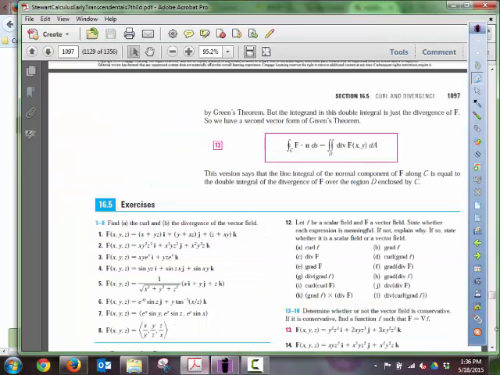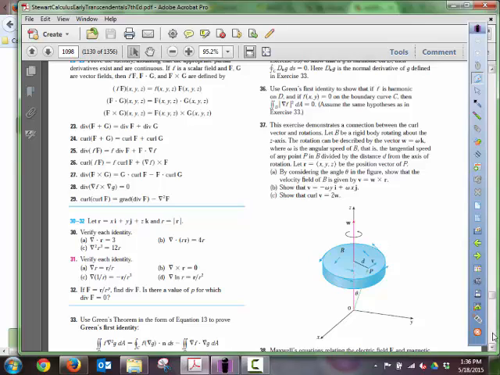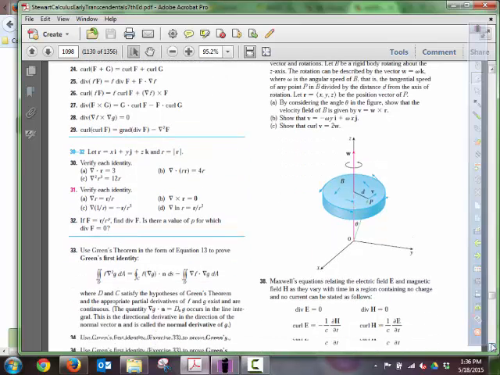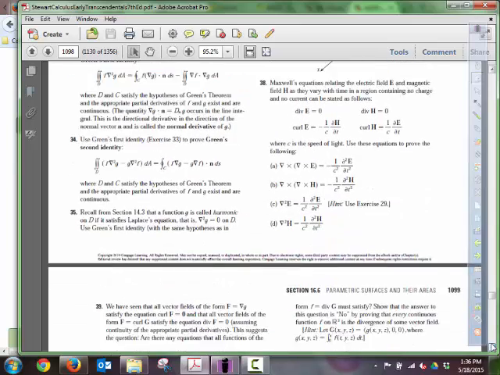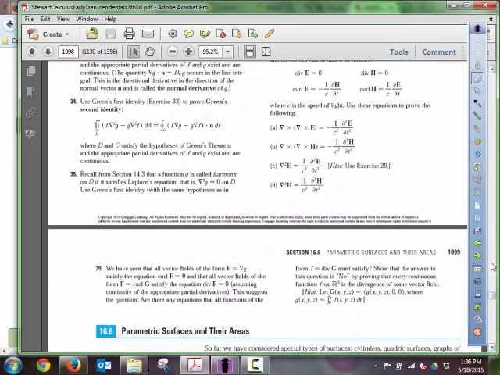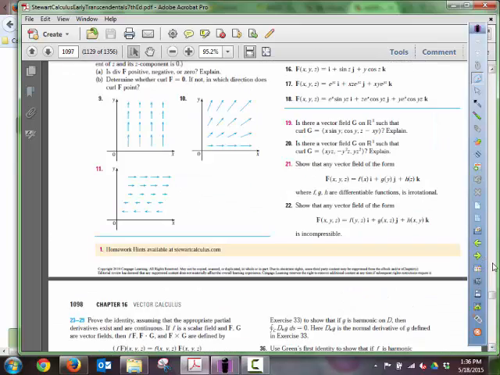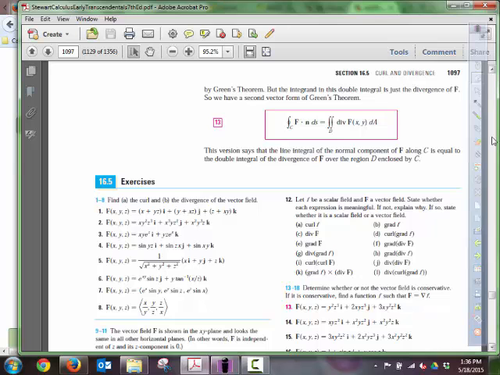Let's see if we can find some more interesting problems. Yeah, I think that's about it.